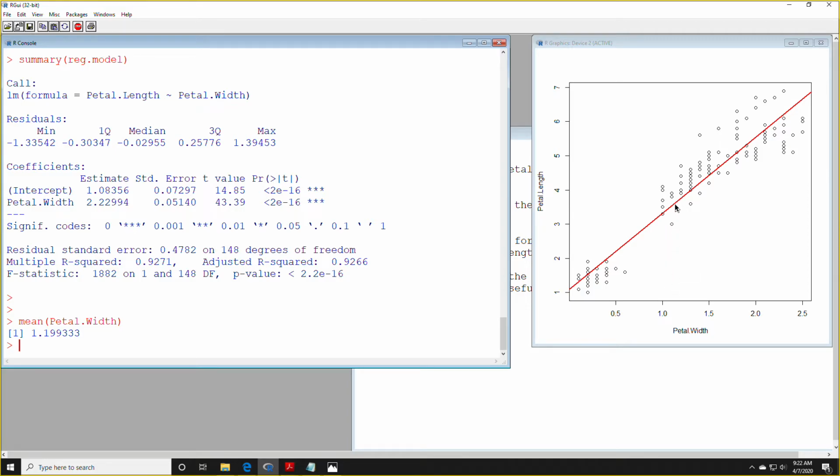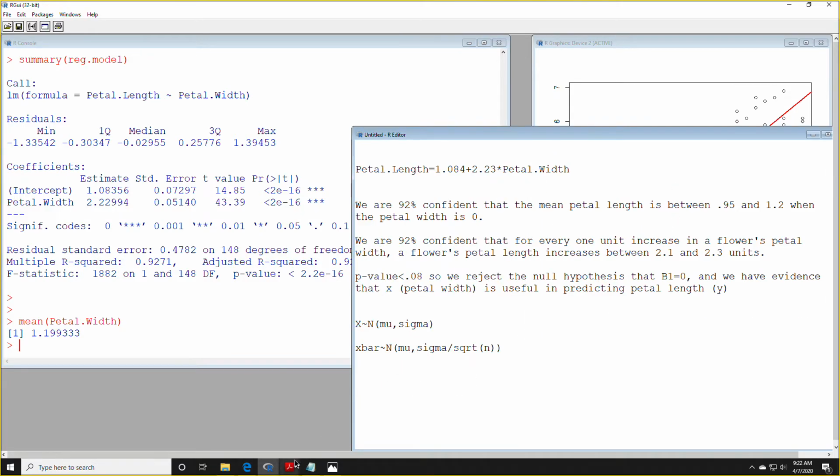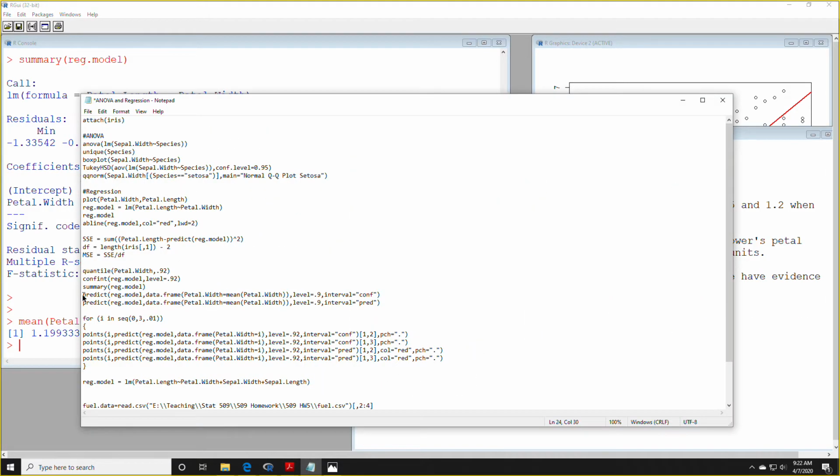Okay, and the first one that we're going to calculate is the confidence interval for the average petal length of a flower that has a petal width of 1.2. And that's what this is going to do. So reg.model, that's whatever we called our simple linear regression model. We leave that alone. This is X, right?